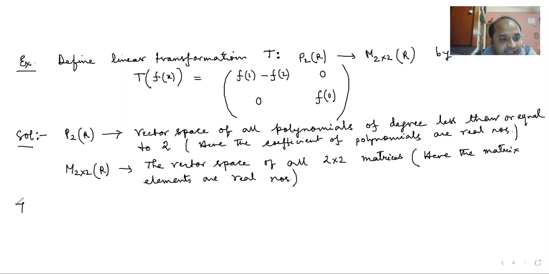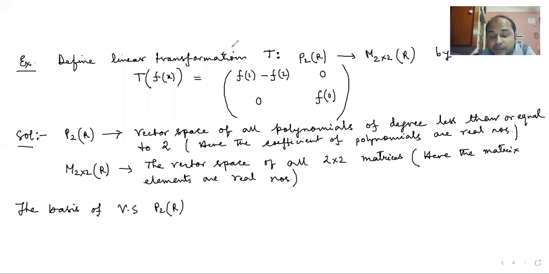What is the basis of the vector space P2(R)? If you can recall, what is the dimension of P2(R)? Aniket, Ayan, Dhiraj, anybody? How many elements are there in the basis of P2(R)?